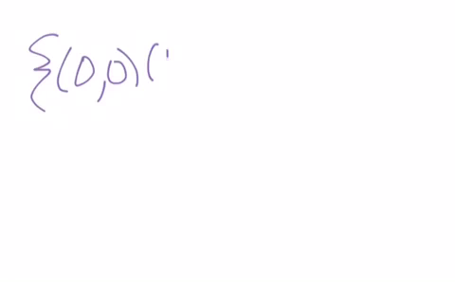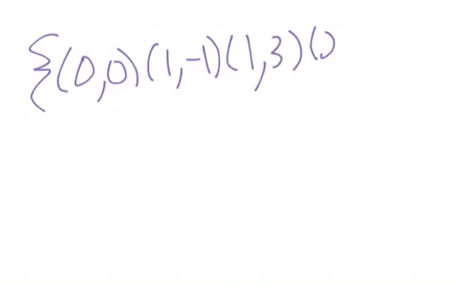Alright, so let's do another one. Let's see if it's a function or not. So we have (0, 0). Then we have (1, -1). Then we have (1, 3). Then we have (2, -10). And that's it. Okay?